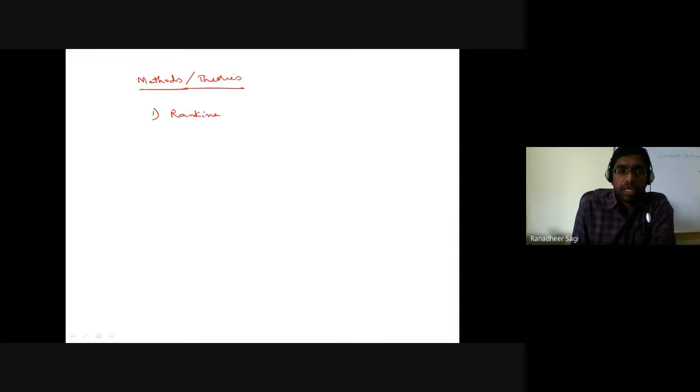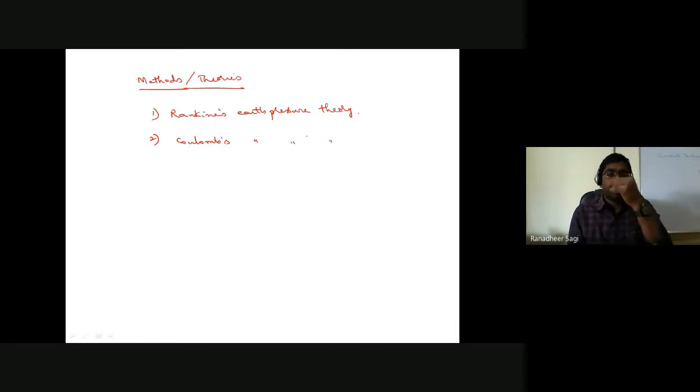One is Rankine's earth pressure theory, and the second one is Coulomb's earth pressure theory.